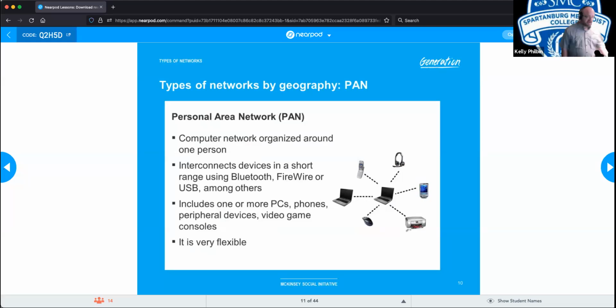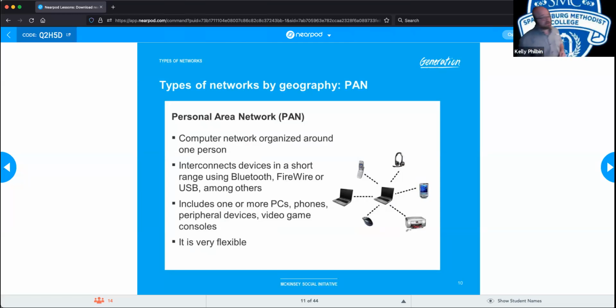Welcome to the PAN, or personal area network. Best way to think about this is within arm's reach. This is your personal network. So you can have this set up as the central node can be a computer.